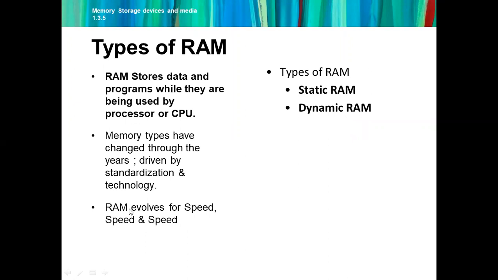Just because RAM evolved for speed. The main problem is the microprocessor we are using is super fast. If we were to make any other device with the same technology we use in the microprocessor, it would be too costly.